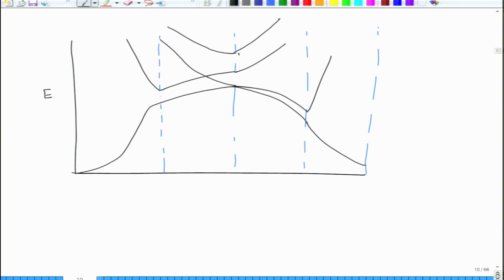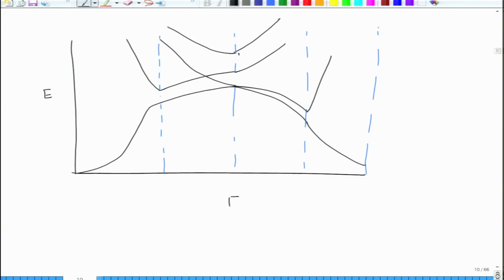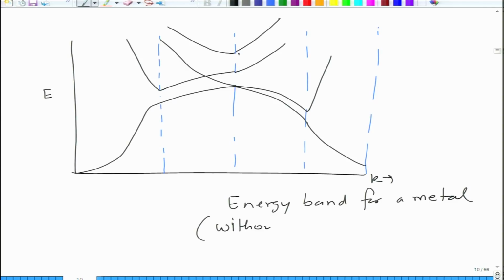There is no single gap which runs through the K space. So this is an energy band for a metal. Okay. So this is K without a gap which runs through the K space.